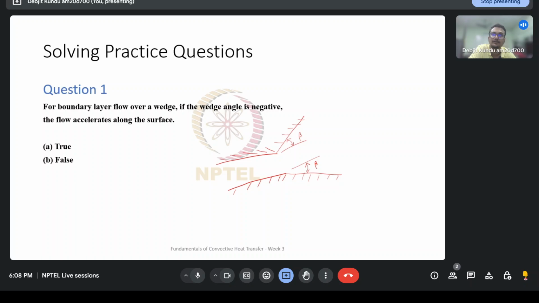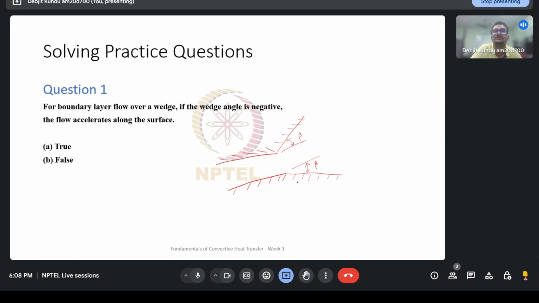If we take a look at the solution, this is actually false because it does not accelerate, it rather decelerates. If we go back here, we can see that the area of flow is increasing. So it makes sense that the velocity of flow would get reduced. It will slow down.